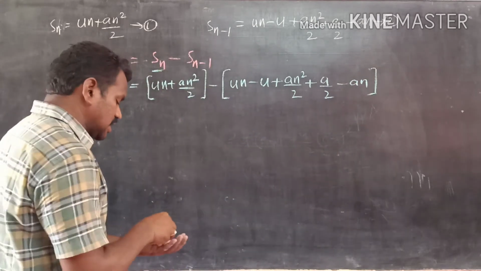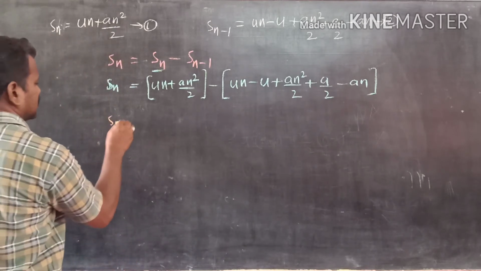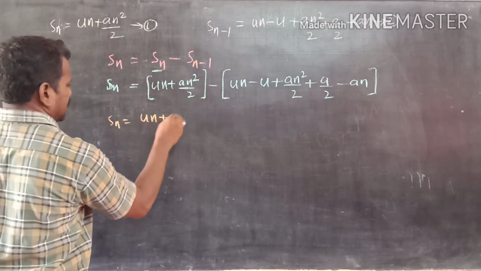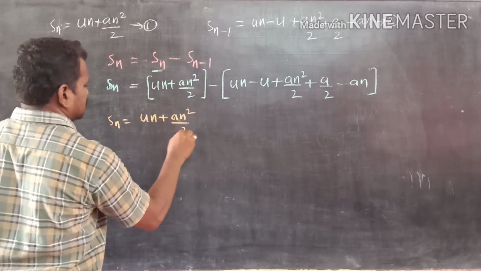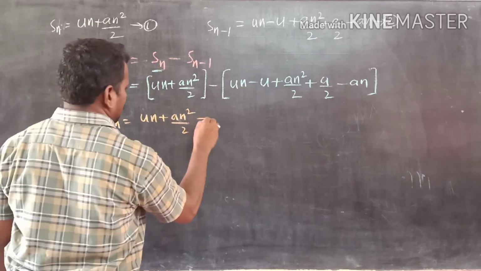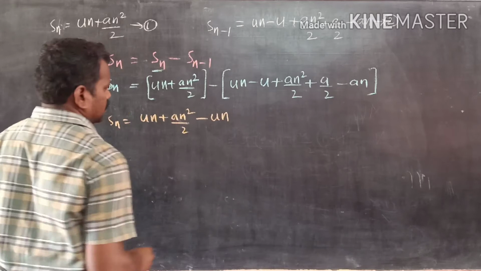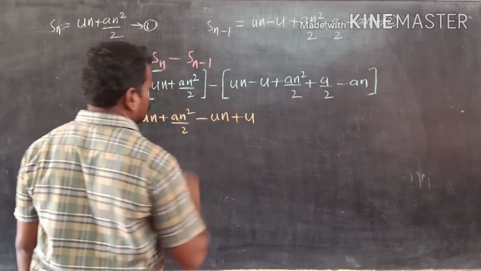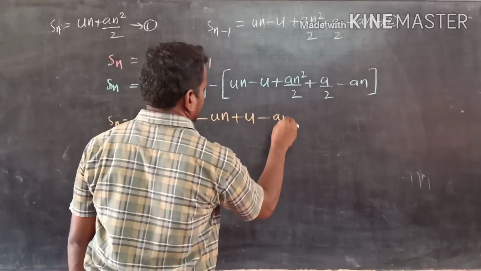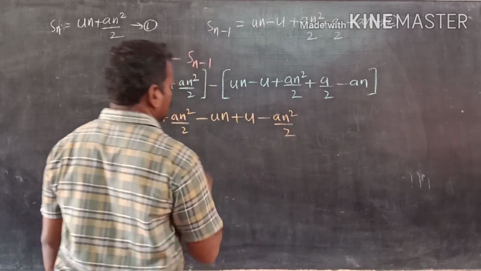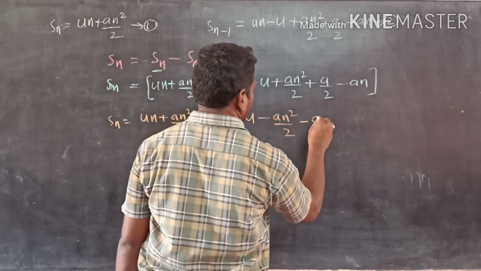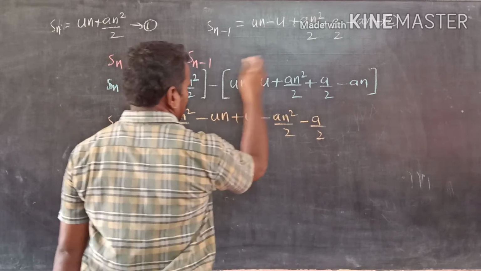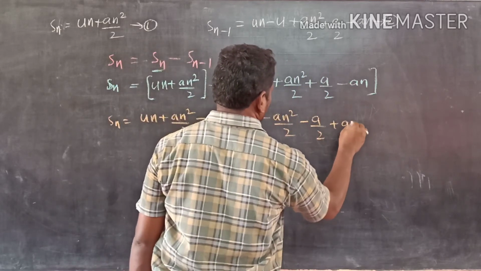Open the brackets in the next step. What happens? Sn is equal to un plus an square by 2. By multiplying this, minus un plus u minus an square by 2, minus into plus minus a by 2, minus into minus plus an.